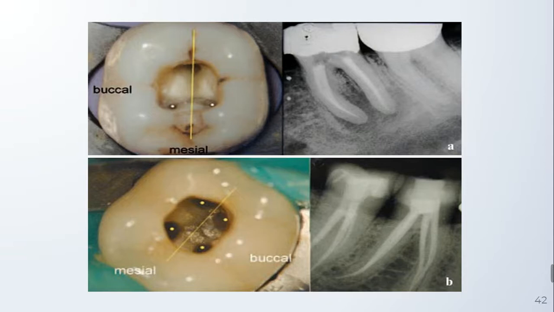It says that except for the maxillary molars, the orifices of the canals are equidistant from a line drawn in a mesiodistal direction through the pulp chamber floor. The second law of symmetry says that except for the maxillary molar, the orifices of the canals lie on a line perpendicular to a line drawn in the mesiodistal direction across the center of the floor of the pulp chamber.